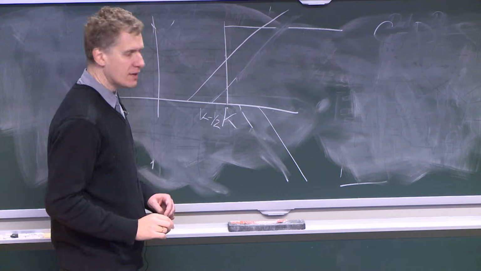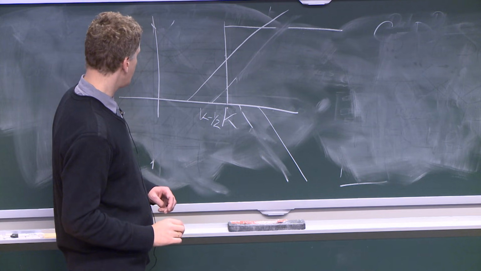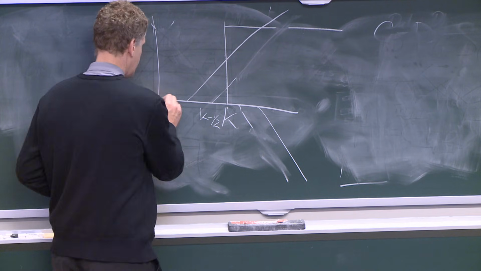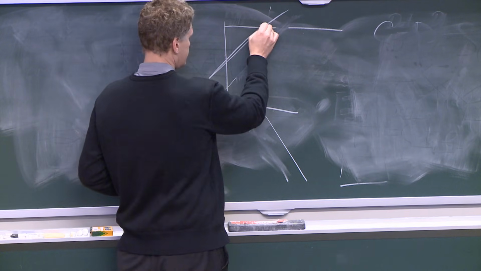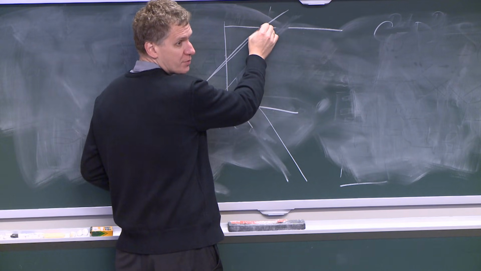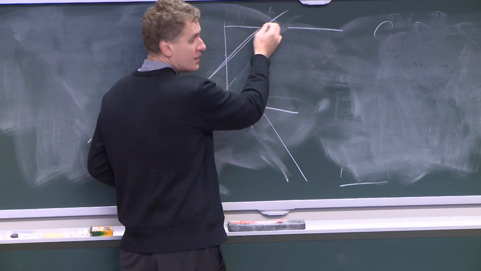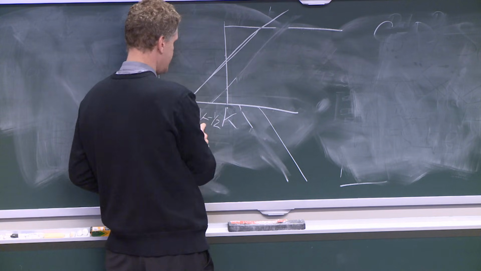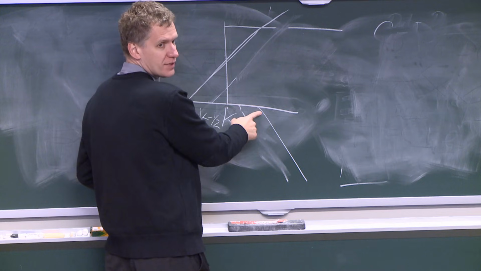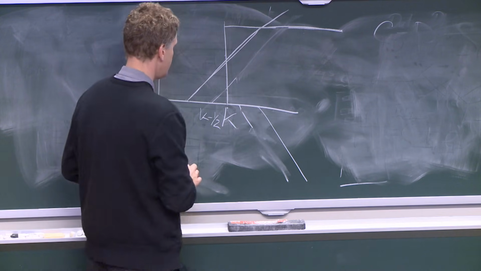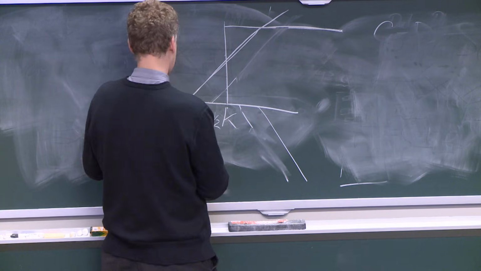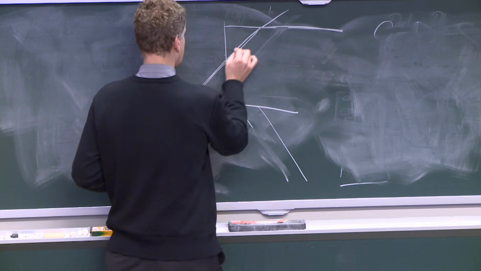So how will it look like? So obviously here it's 0, right? Then it will be like this, right? And after that, it will be what? It will be constant, right? And because this is K minus 1/2 and this is K plus 1/2, it will be exactly 1, right? Good. So our payout at the end will be like this.